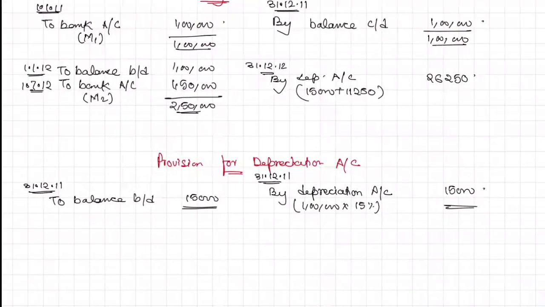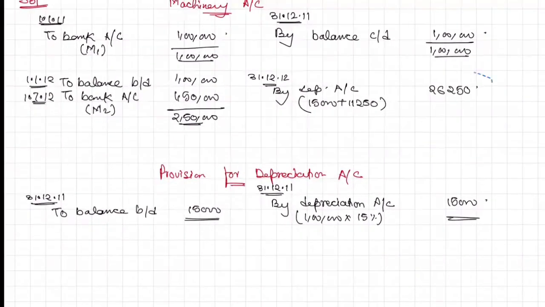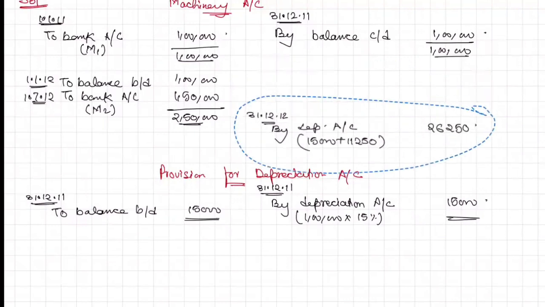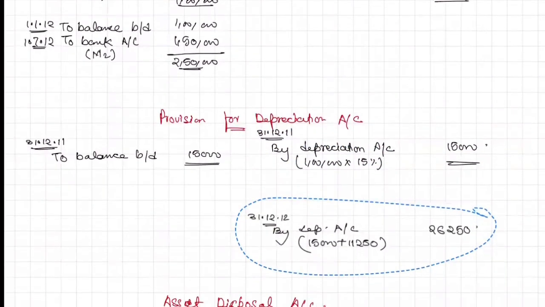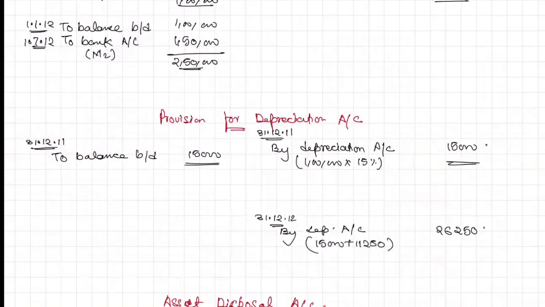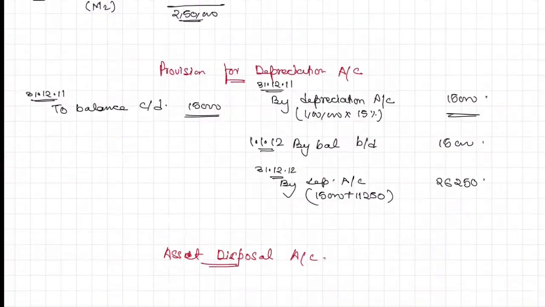So what we will do, we'll transfer this figure to this year's depreciation. Okay, so opening balance is over here. Sorry, it will be closing balance, CD. So what we will do on, sorry, not 31st, it will be 1st. So on 1st of Jan 2012, we'll do opening entry by balance BD of 15,000, correct?